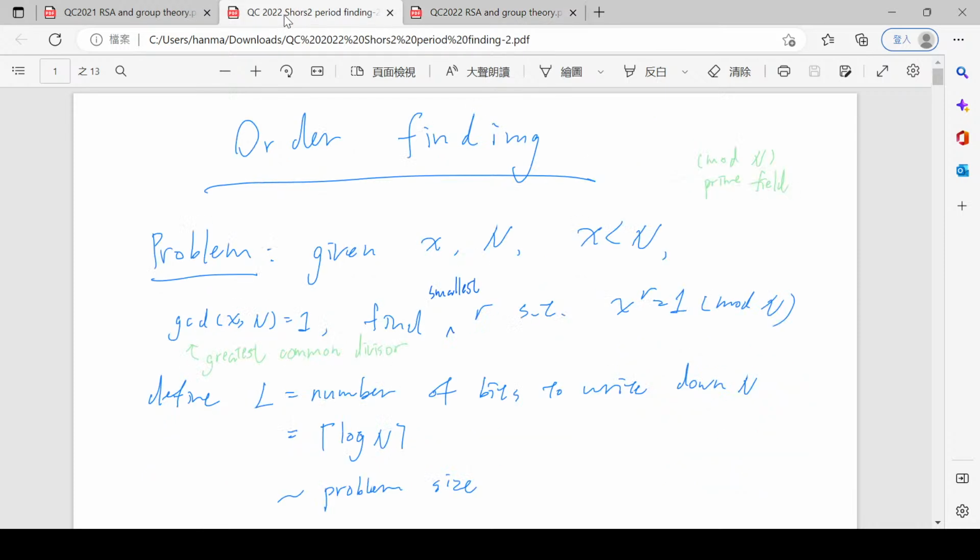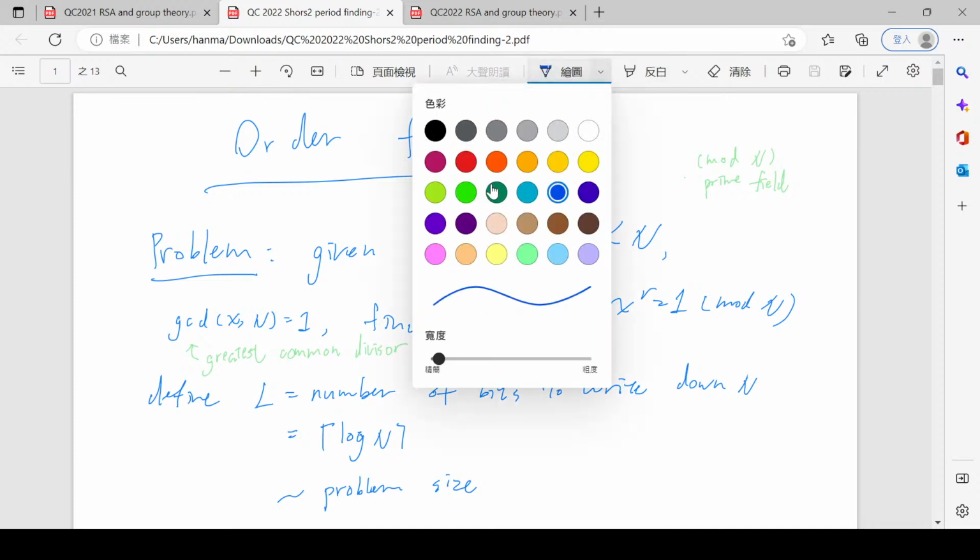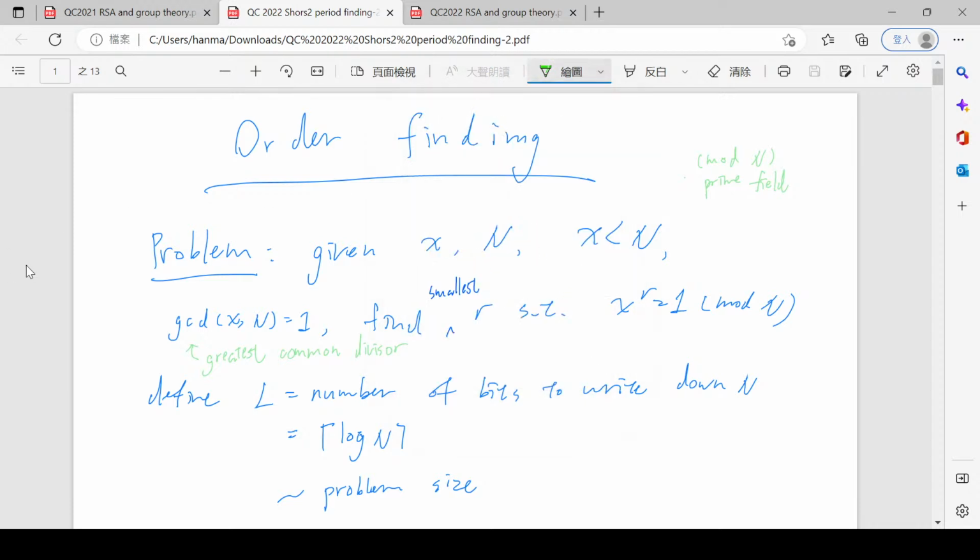Last time we finished Shor's factoring algorithm. Once again, the core part of Shor's factoring algorithm is this order finding algorithm.